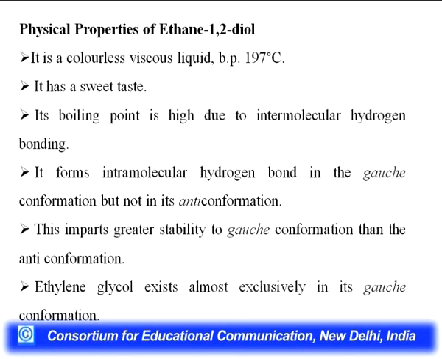So, on the basis of hydrogen bonding, we can assess the boiling points of compounds. Especially in ethane 1,2-diol, due to intermolecular hydrogen bonding, the boiling point is high, and it also forms an intramolecular hydrogen bond in the Gauche conformation, but not in its anti conformation.